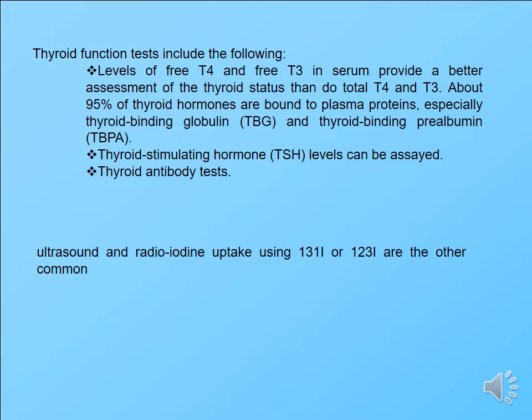About 95% of thyroid hormone is bound to plasma protein, especially thyroid binding globulin, TBG, and thyroid binding prealbumin, TBPA. Second, thyroid stimulating hormone, TSH, level can be assessed, and we do thyroid antibody tests.